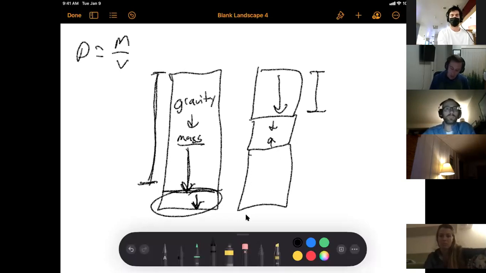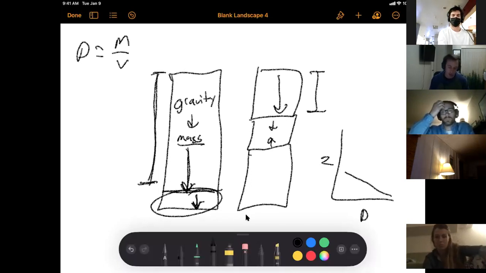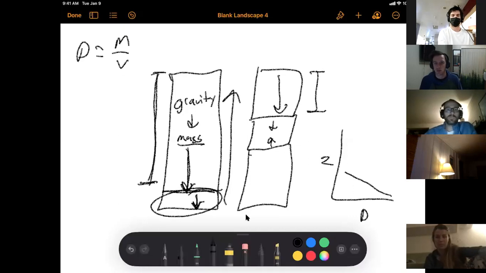That's why as we go up in altitude, which is Z, we decrease our density at a constant rate, because we're just decreasing the amount of mass above us at a constant rate.